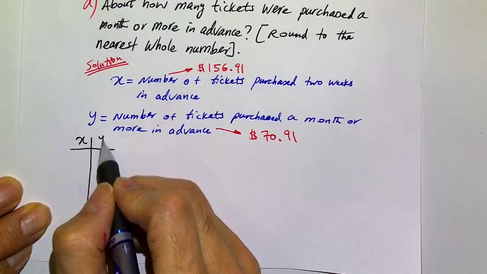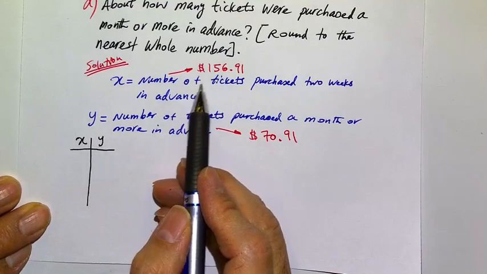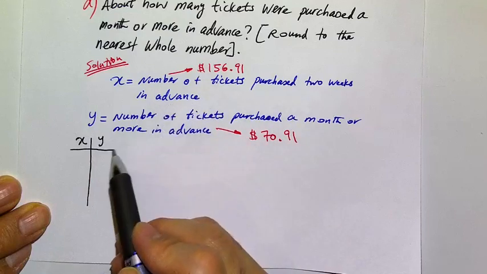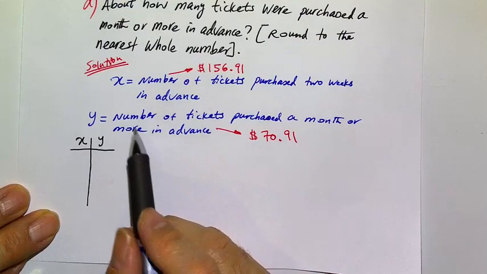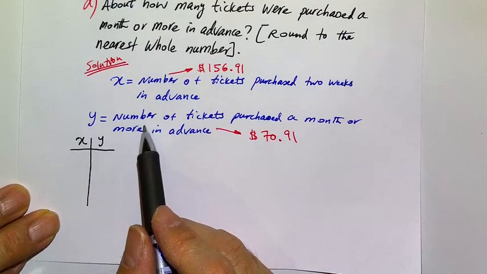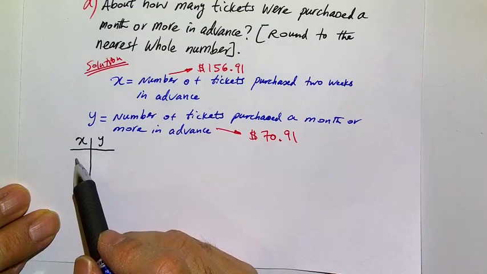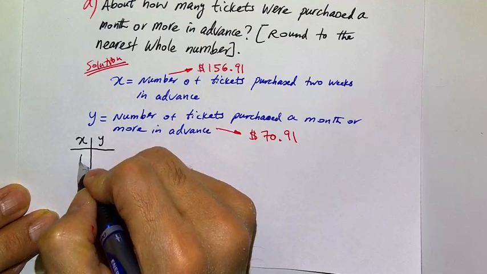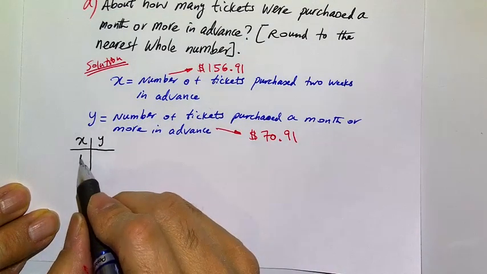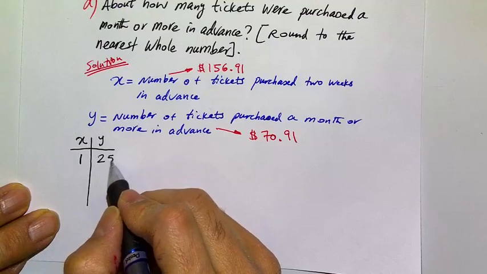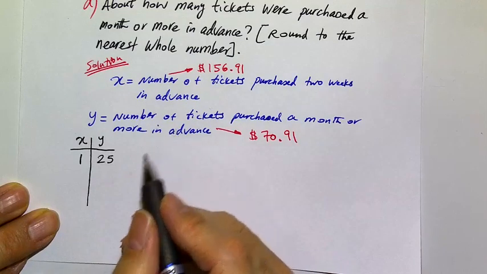And I'm going to put X and Y here. Remember that X are those who are purchasing their tickets 2 weeks in advance. And we know that those who bought their tickets earlier, there are 25 times more of those people than the ones who bought them a couple of weeks in advance, right? So if one person bought the ticket a couple of weeks in advance, then 25 had already purchased it a month or so in advance.